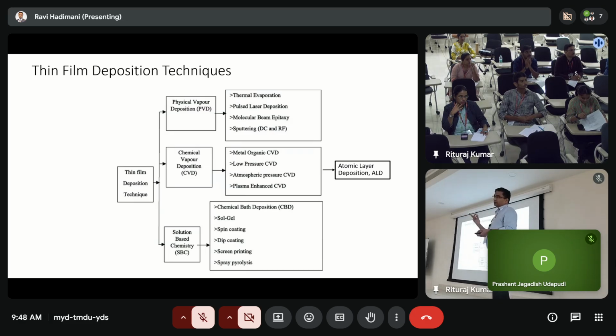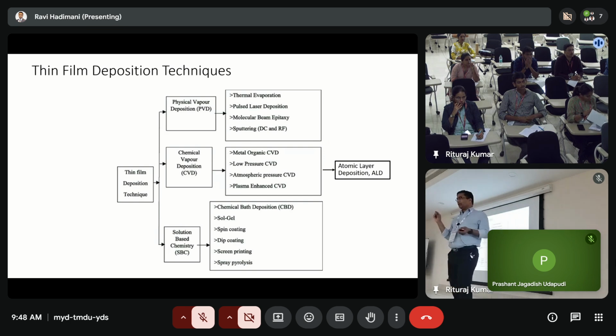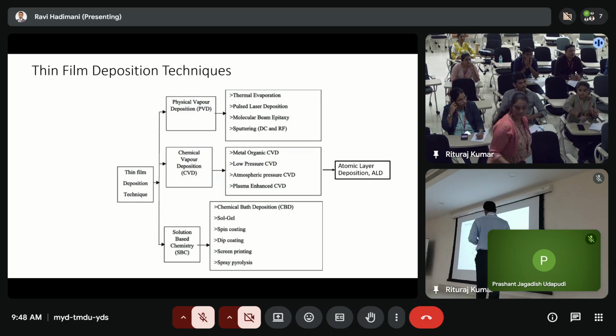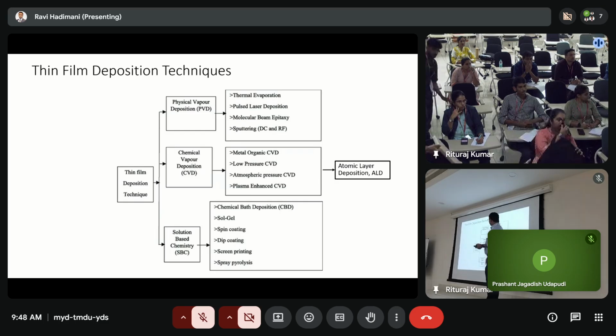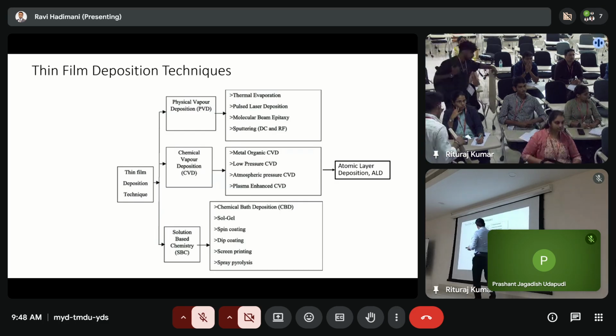The faster you spin, the thinner you get. Again, the relationship between thickness and speed depends on which material you are using as well.